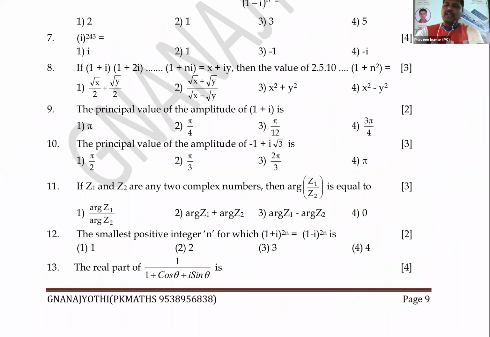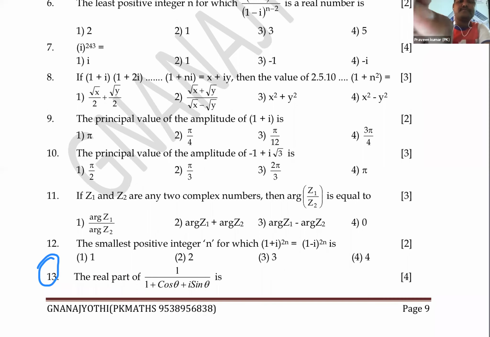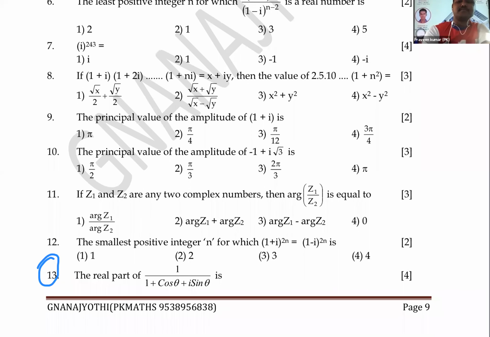This question they have given many times in the examination. Okay, that's an important question. The real part of the complex number 1 by (1 plus cos theta plus i sin theta).